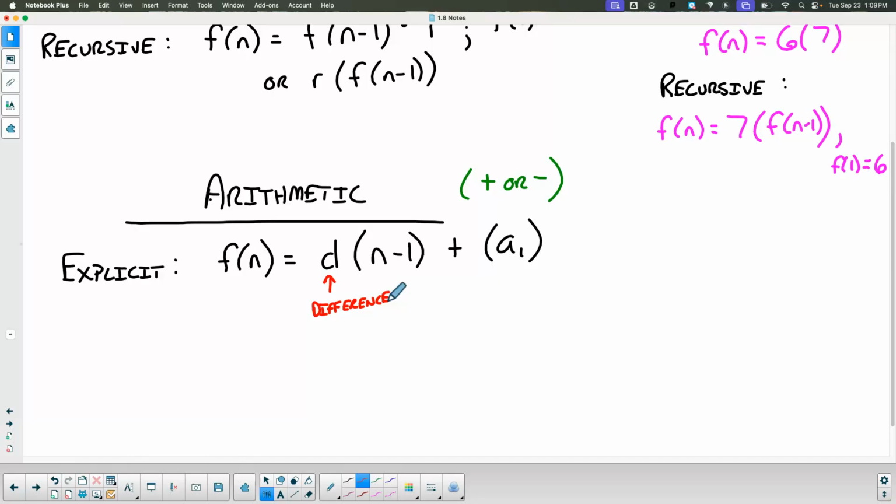Okay. And then a sub 1 is the first term.